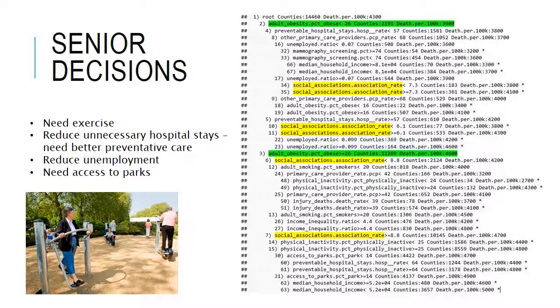You can see that highlighted in green, reducing obesity improves mortality rates for senior citizens. And then interestingly, the one in yellow, social associations rate, is actually counter-indicated for mortality rates. Perhaps reliance on social associations is not a good substitute for government programs.